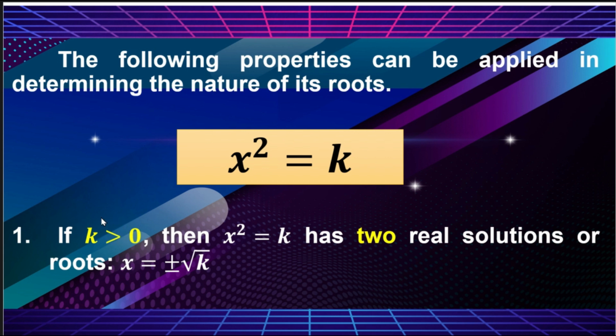Now, kindly give me an example of k greater than 0. The numbers which are greater than 0, these are the positive numbers. So if ingani ang porma sa imong equation and your k is a positive number, then naa kay duha ka value sa imong x.